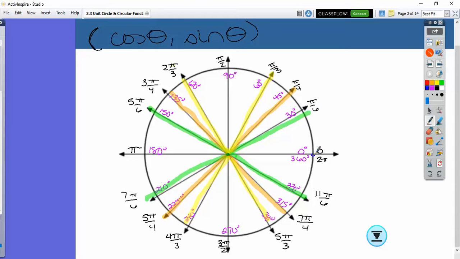Okay, we have done some of these points already. You know, right here, I don't even need to think about cosine and sine. I know that would be the point 1, comma, what's your y value there? 0. What's this point? 0, comma 1.